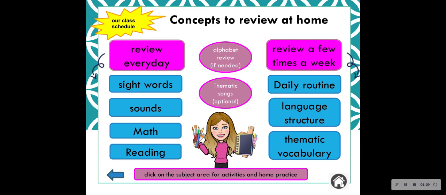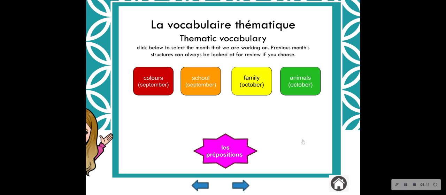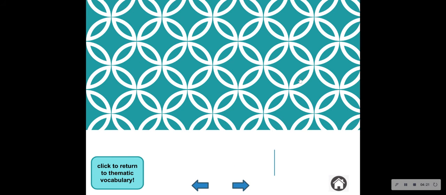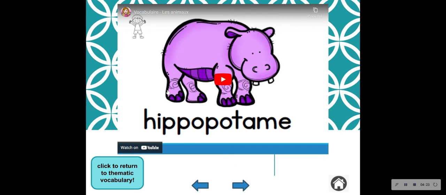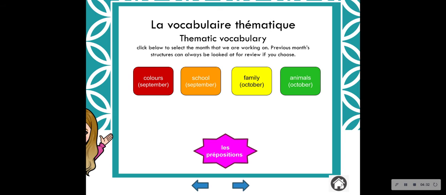I can go home again by clicking the home button, and then some thematic vocabulary. So as we progress through the year, we'll be looking at different themes and talking about different vocabulary. So right now we're looking at animals. So if I click here, it'll take me to a video with some thematic vocabulary for animals. And if I want to go back to my thematic vocabulary, I can just click here.